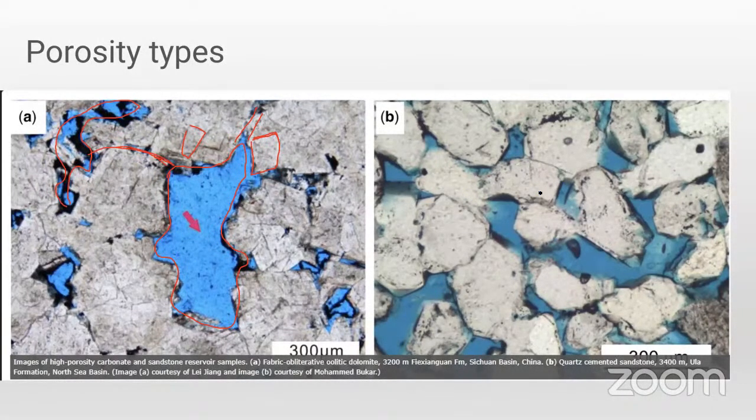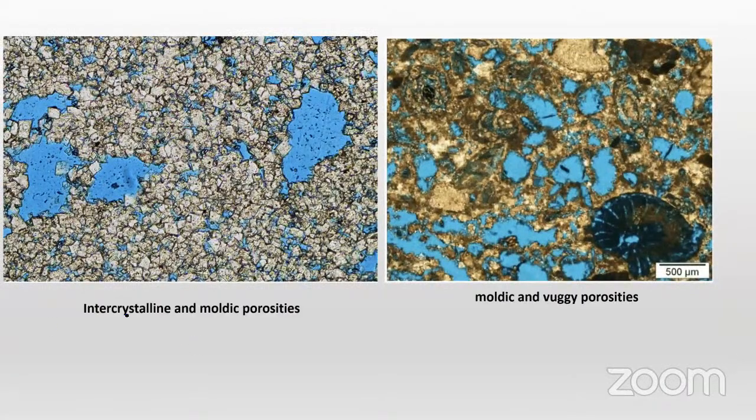And look at this quartz arenite. You can see we have connected porosity. That's intercrystalline and moldic. We have some moldic porosity in this area, and we have intercrystalline porosity, and these porosities are connected to each other.